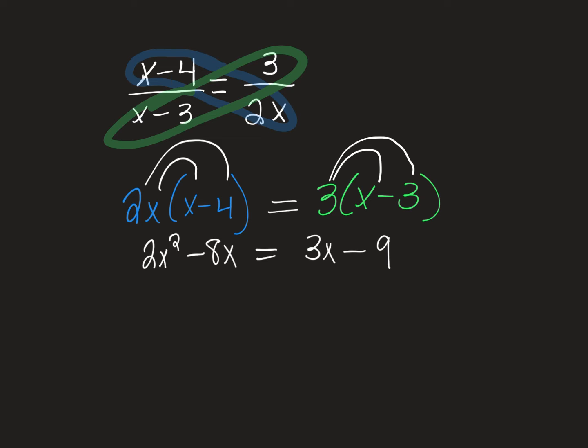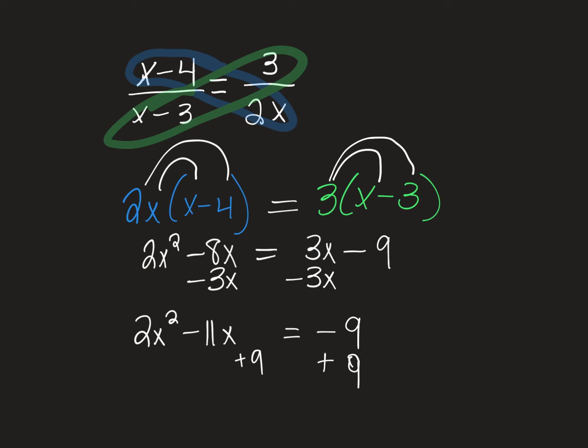So let's set it equal to 0 first and see what we get. Move my 3x over here, so I get 2x squared minus 11x, and then I move my 9 over.